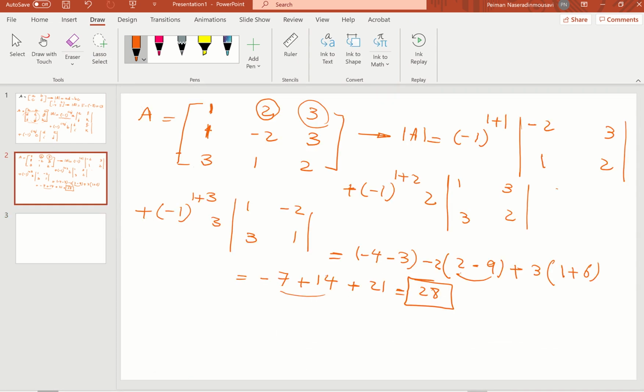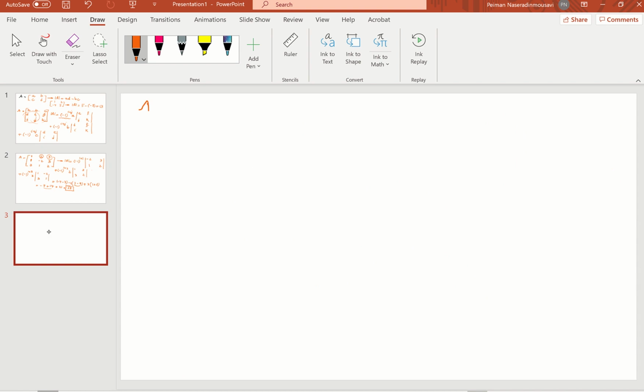This matrix is 1, 2, 10, 2, 4, minus 5, and 4, 8, minus 3. If you ask me what's the determinant of this matrix, without solving, only by looking at it, I'm going to say it is 0. Why?